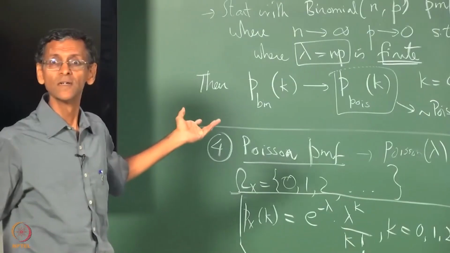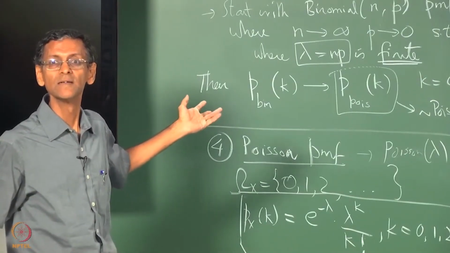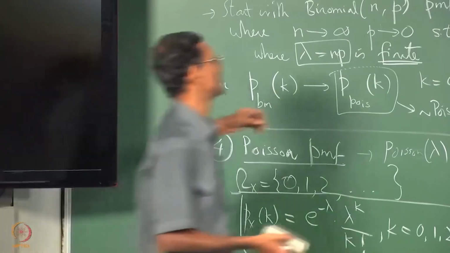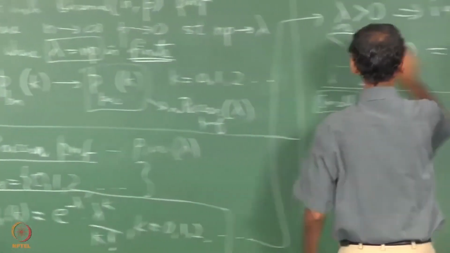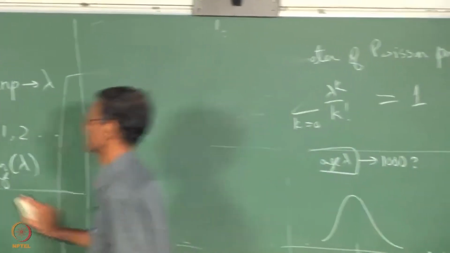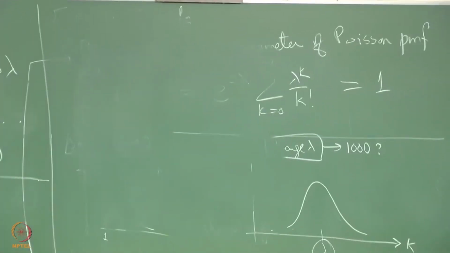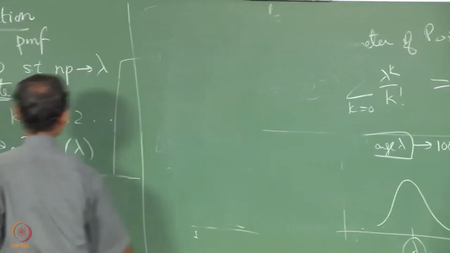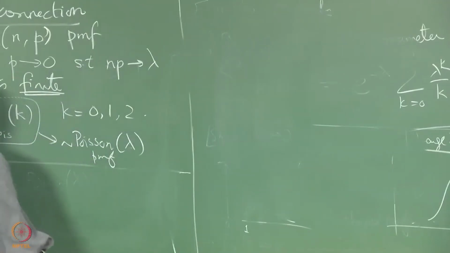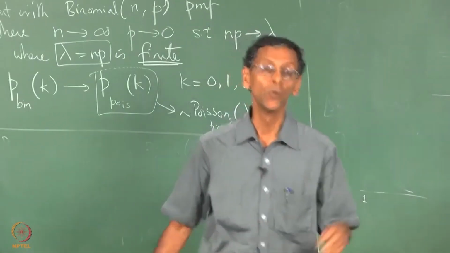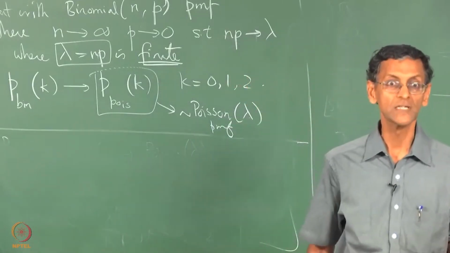Let me just say one small thing about it. How do I, for example, show that P of 0 converges?